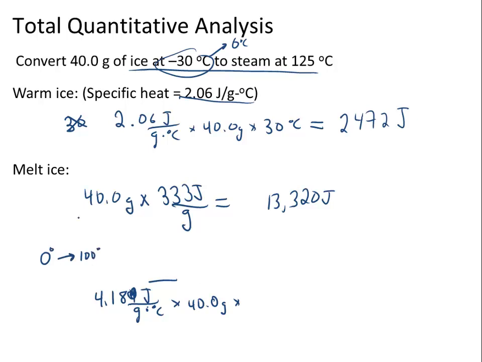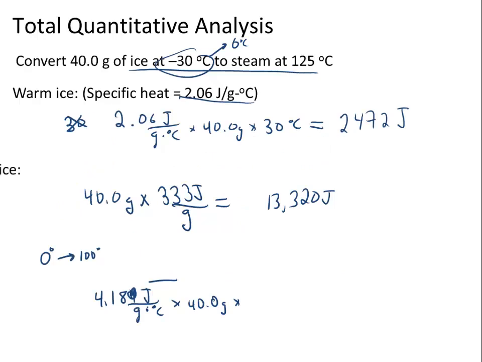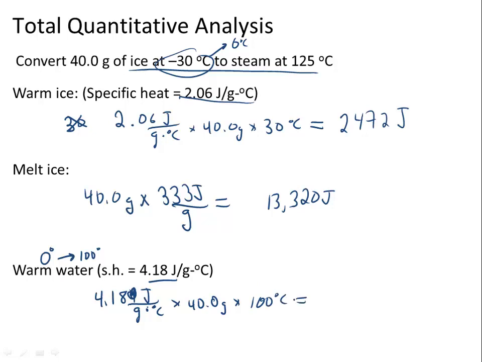The reason you know that is from this chart that I'm harping about. You're going from the melting point to the boiling point. You won't always do that, but in this case you are. So we have that times 100 degrees change.